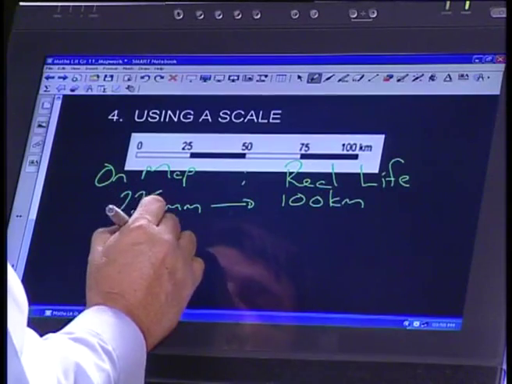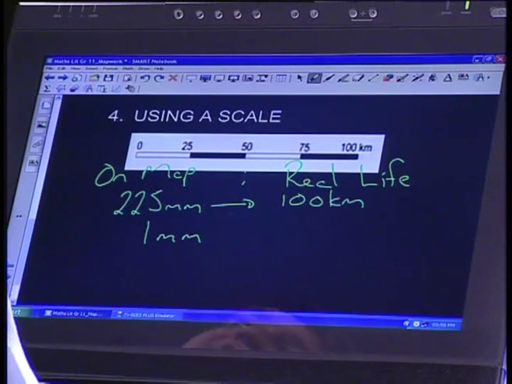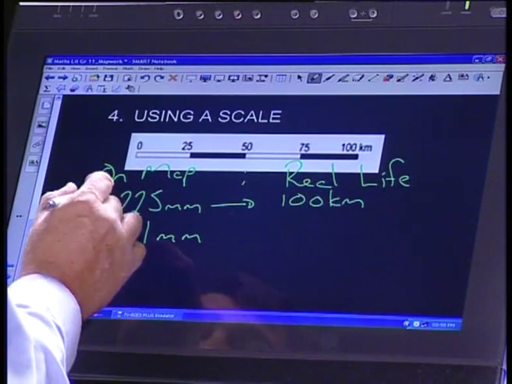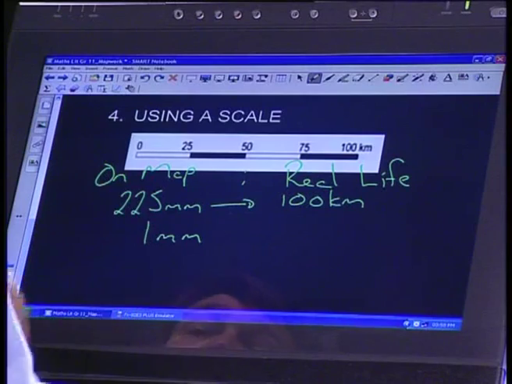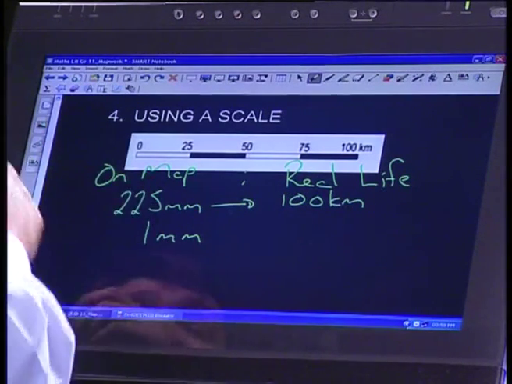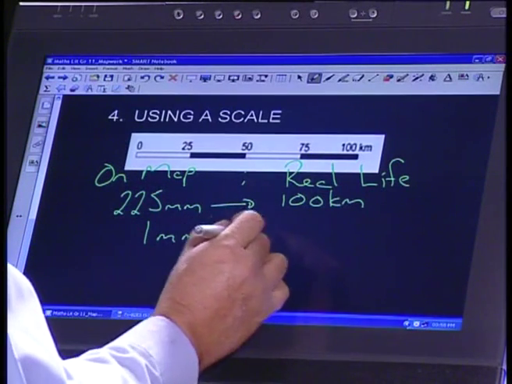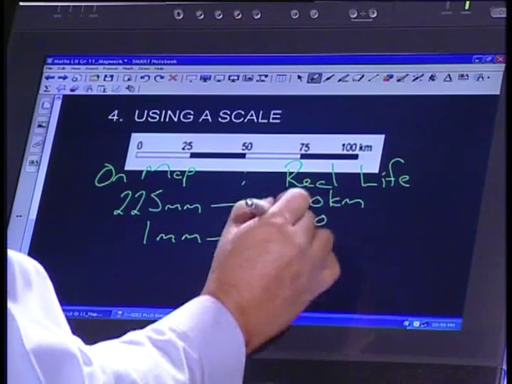So what does 1 millimeter on the map represent? Let's have a look. How do I get 225 millimeters to 1? Well, to get from there to there, I divide by 225, don't I? If I say 225 divided by 225, I would get 1. So in the same way, I've got to do the same this side.